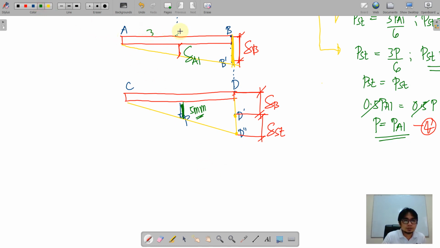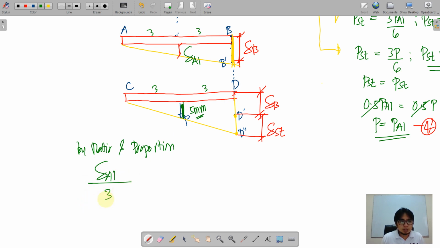Let us have ratio and proportion. By ratio and proportion, we have delta aluminum is to 3 equals delta B is to 6, and we come up with an equation.